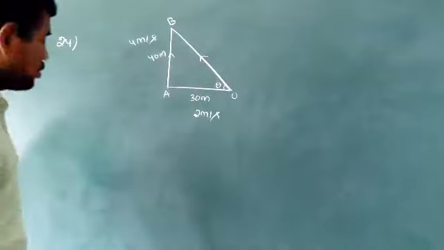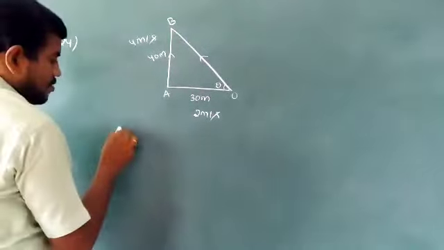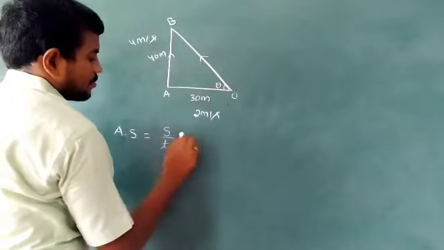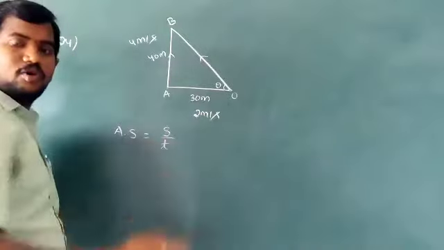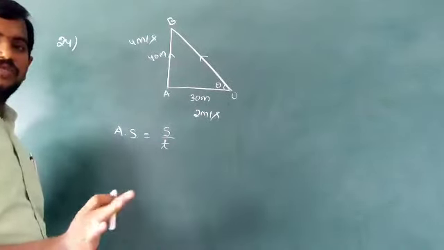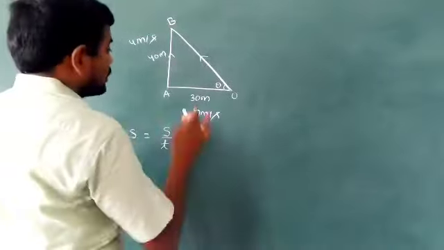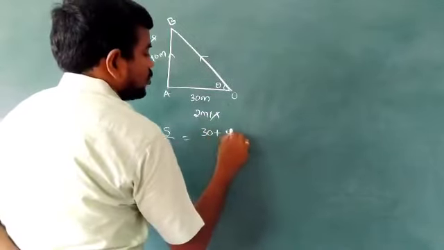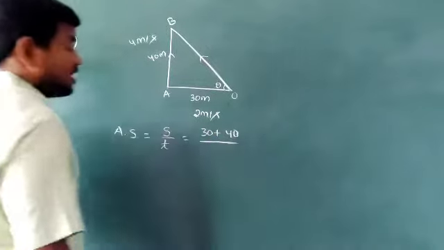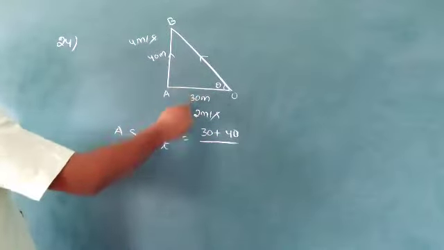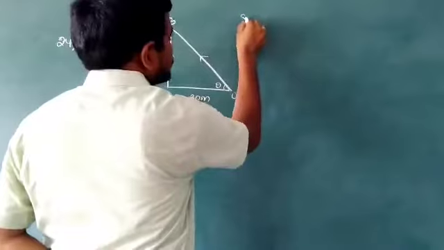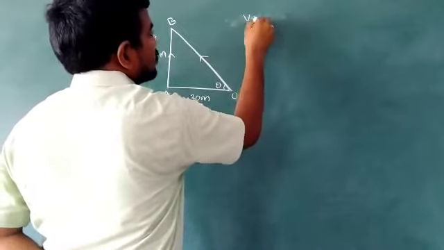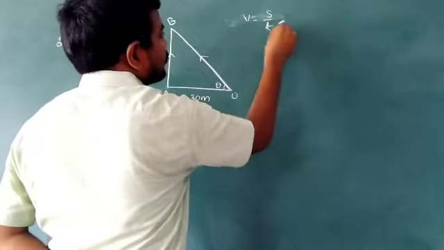So first of all, in order to calculate the average speed, let us find the total distance traveled by total time taken. S in the sense distance, S bar in the sense displacement. This is what we have already seen. So here the total distance is 30 plus 40, 70. But we don't know the time. But whenever we have the distance and the speed, we can find the time, because speed is equal to distance by time.